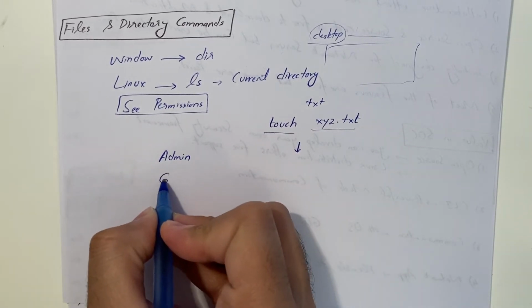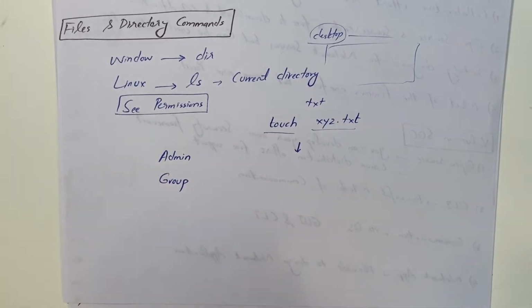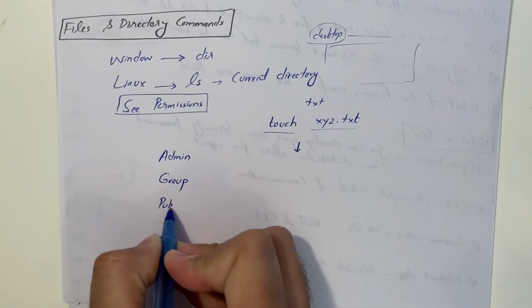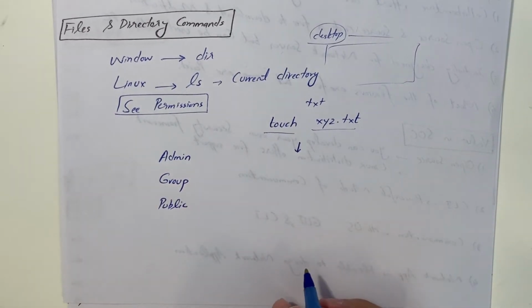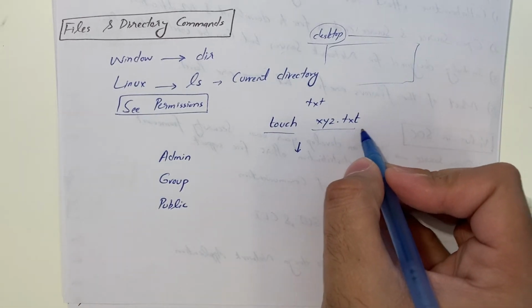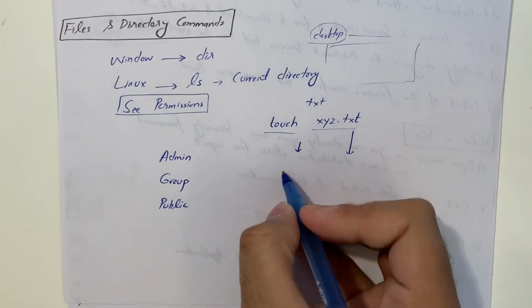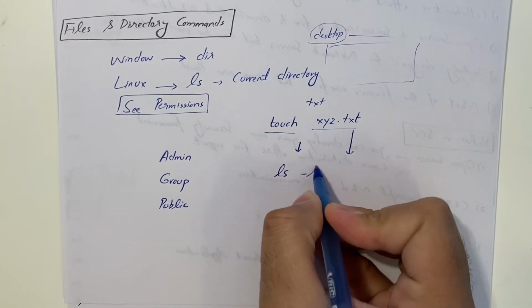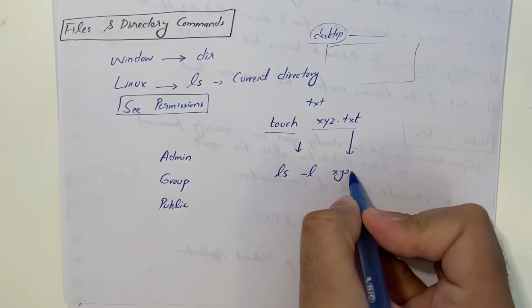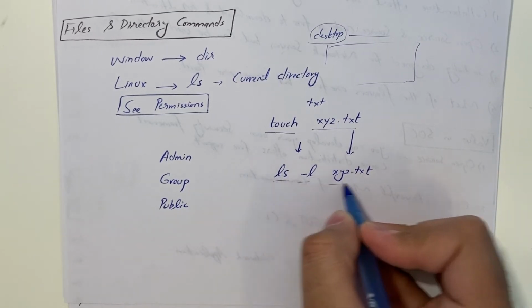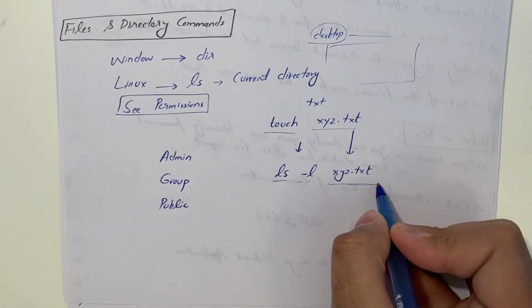Second is the group, where you can assign permissions to a specific group, and third is public. Whenever you want to check the set of permissions on this file, the command is ls -l xyz.txt. It lists the permissions for that particular file.